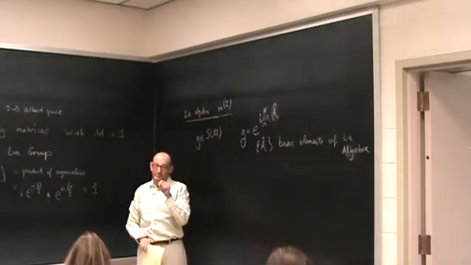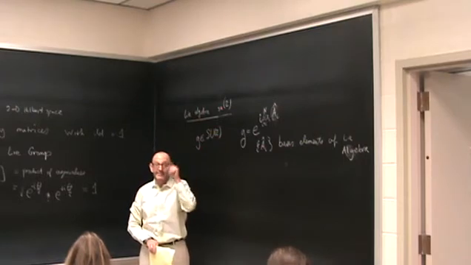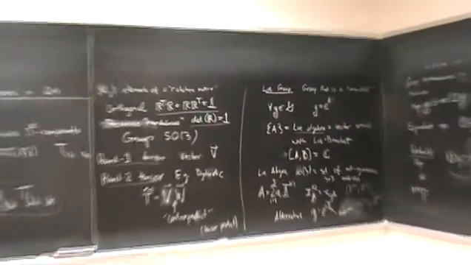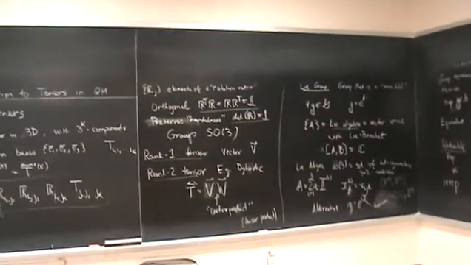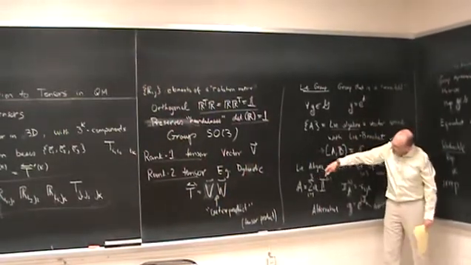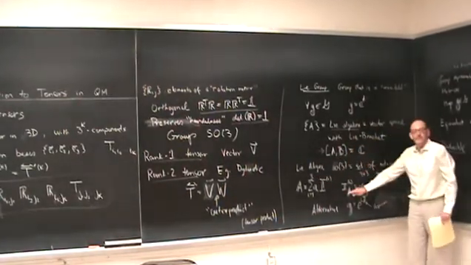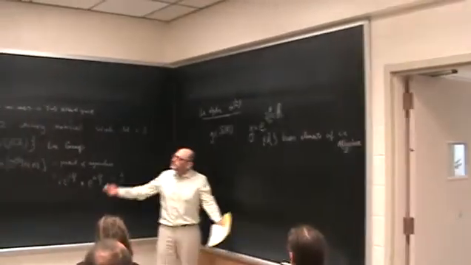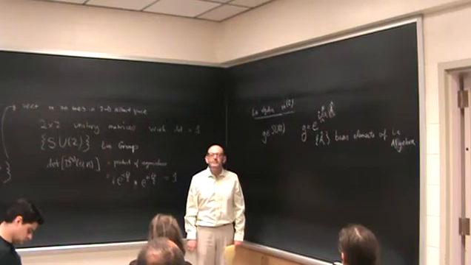Okay? So for example, back there on that board, we said for SO3, we could write an arbitrary element of the algebra as a linear combination of these three basis elements of the Lie algebra. So what is an example of a basis for the Lie algebra here?